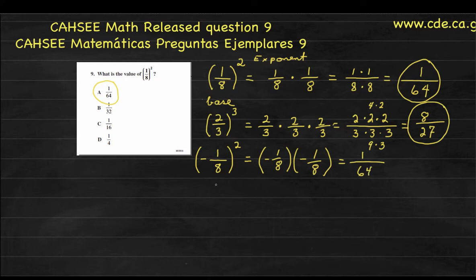Now, if they have written 1/8, put parentheses around the 1/8 and then a negative sign outside, then my answer would be different. Because here what I am repeating is 1/8 and not the minus. The minus is saying make everything negative. The whole power, make it negative once you get its value.